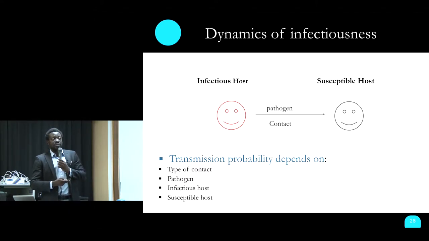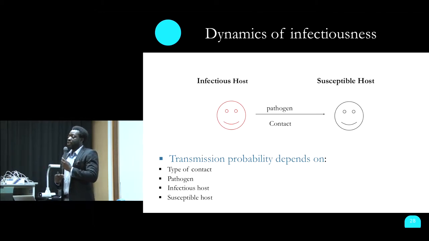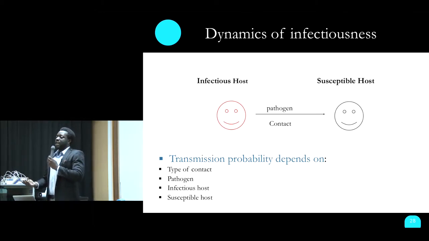So the characteristics of each of the elements here will determine whether or not we have an infection or a transmission, and also how rapidly a transmission can be. So it will depend on the pathogen, what kind of pathogen it is, what kind of microbiological processes are involved, and the type of contact: is it direct or indirect contact? Those are very important elements to consider when looking at transmission of diseases.